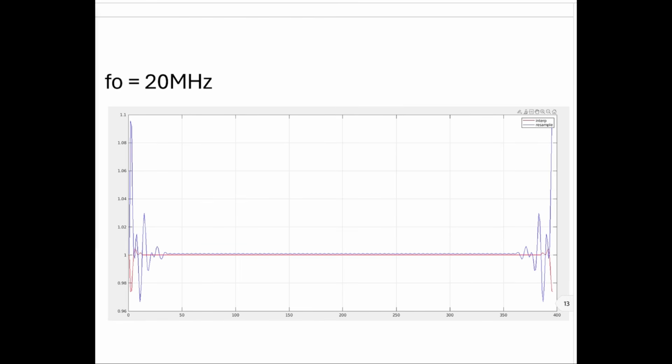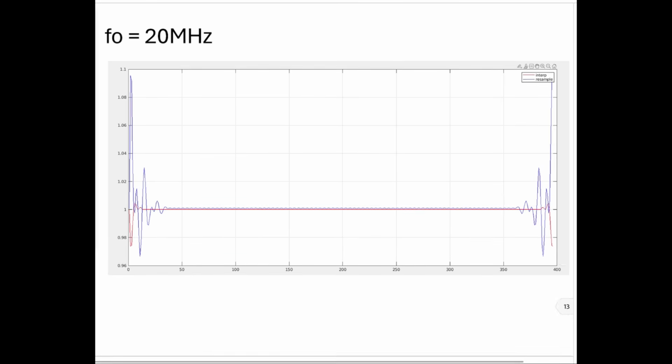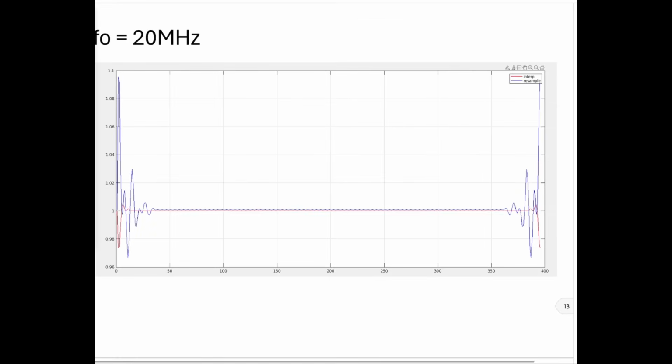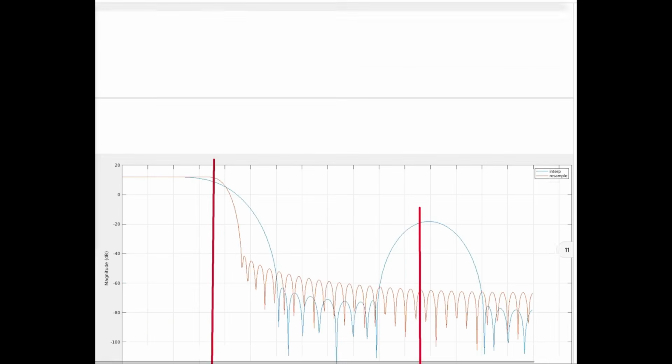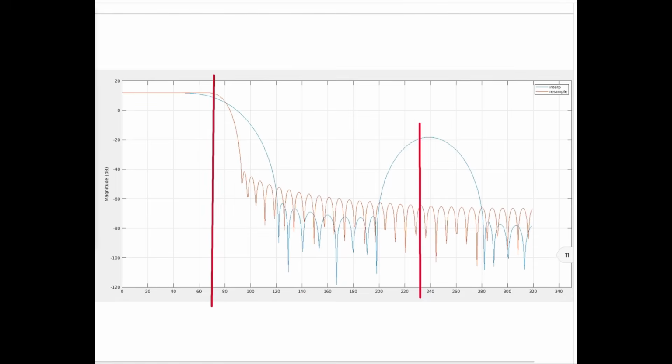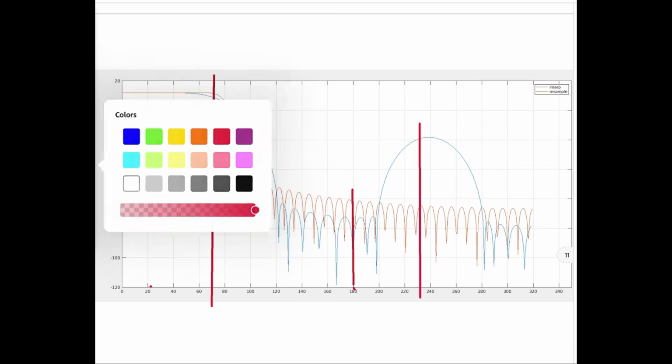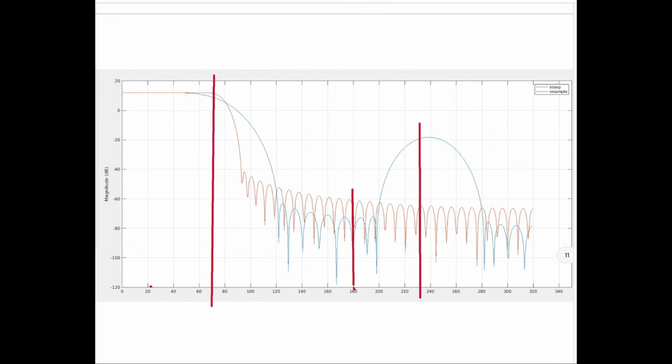So I think the problem and the solutions are almost clear now. Ignore the initial and last transients; that is the number of samples the filter takes to settle. Just focus on the middle part. The performance of both filters is almost the same, because when the signal frequency is 20 megahertz, the image will be at 160 plus 20, 180. The 20 megahertz image will be here.